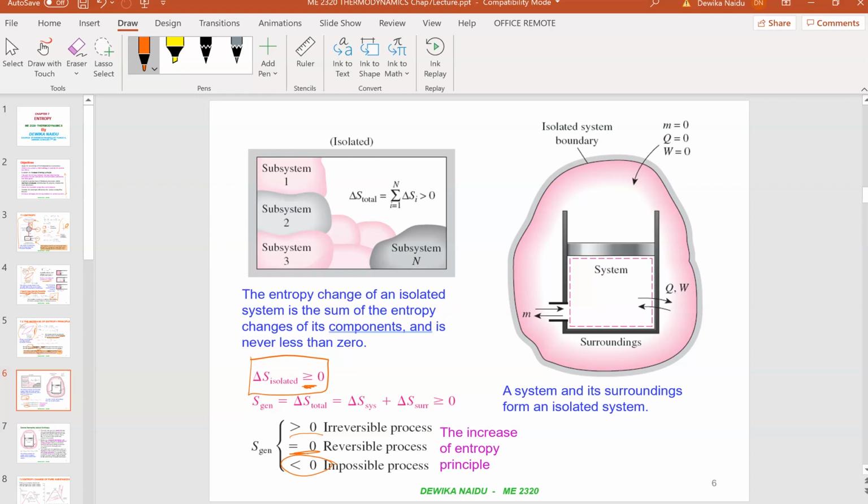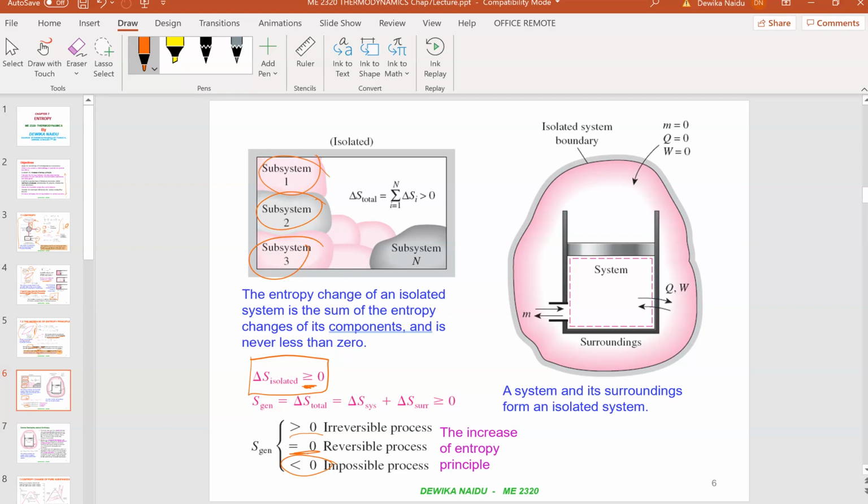Note that in the absence of heat transfer, entropy change is due to irreversibilities only. The effect is always to increase the entropy. Entropy is an extensive property, so the total entropy of a system is equal to the sum of the entropies of the parts of the system. Let's look at an isolated system which may consist of many subsystems. A system and its surroundings, for example, constitute an isolated system since there is no heat, work and mass transfer.